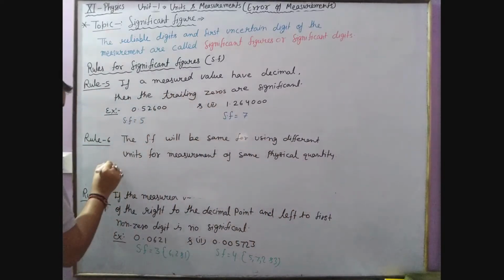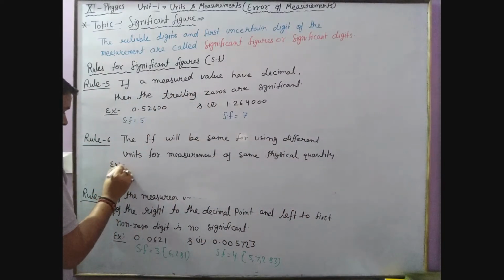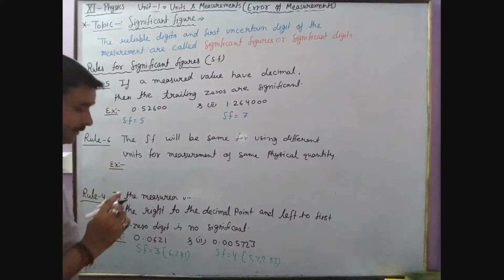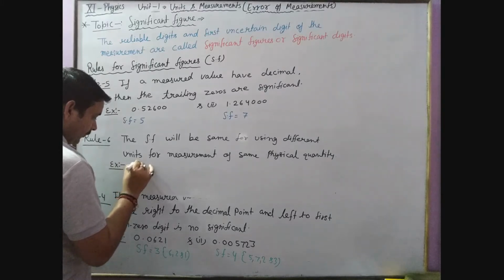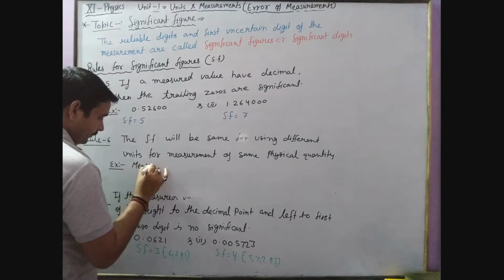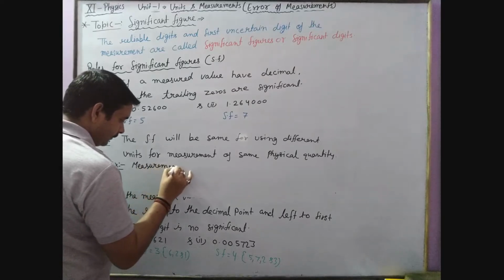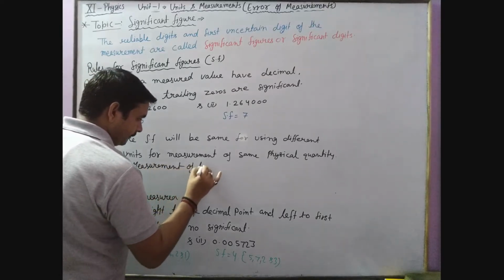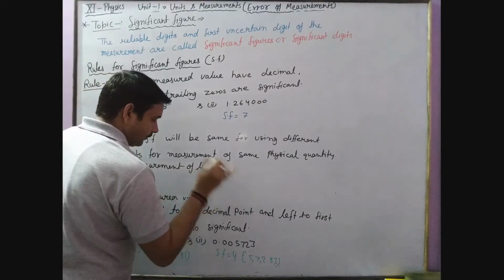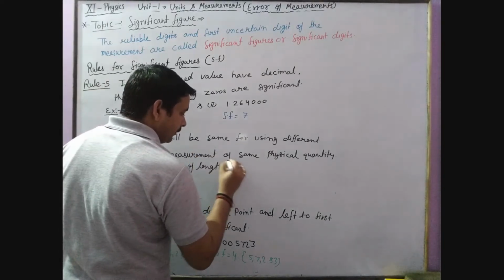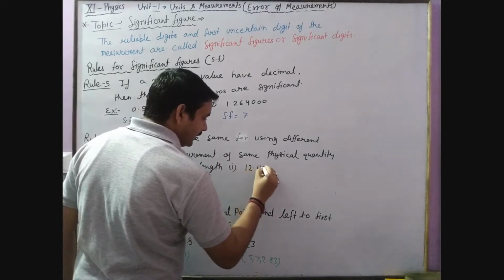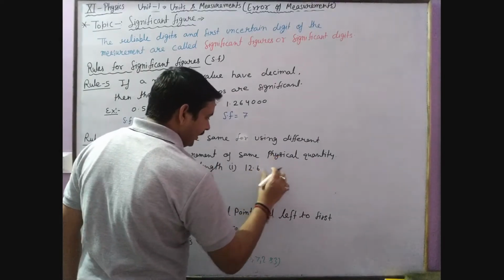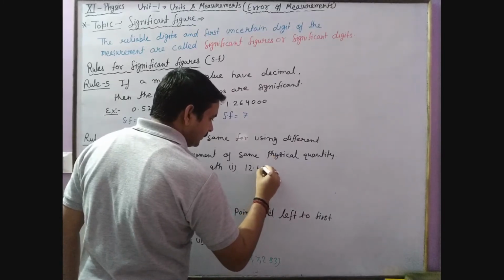Okay, for example, if we measure length, measurement of length in meter is 2.64 or 0.606 meter.